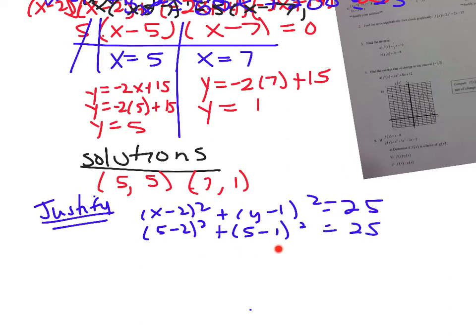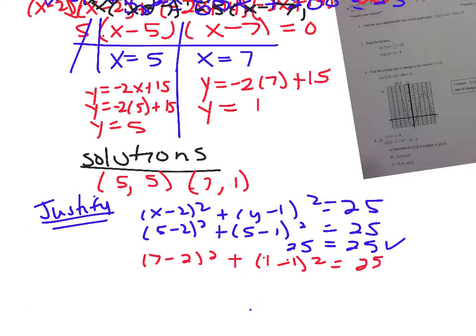This whole right side, you could just plug that into your calculator. You get 25 is equal to 25, and that checks. Now we're going to try 7. (7 minus 2) squared plus (1 minus 1) squared is equal to 25. So plug it into your calculator, we get 25 equals 25, and that checks.